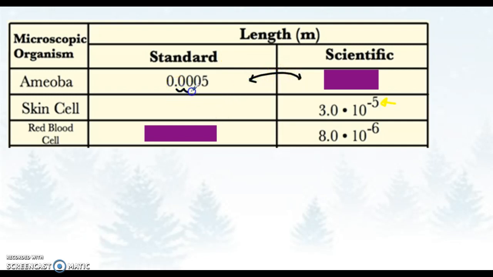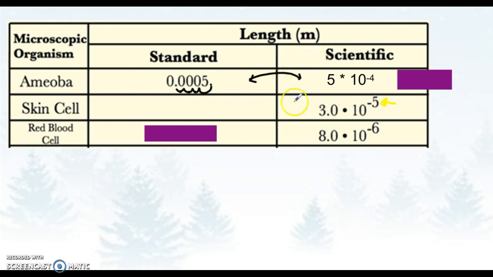So 1, 2, 3. And if I stop at 3, I only have 0.5. That doesn't work. So I have to move it one more time. So I have 5.0 or 5 times 10 to the 1, 2, 3, 4. And that's a negative 4 because I get a number that's under 1.